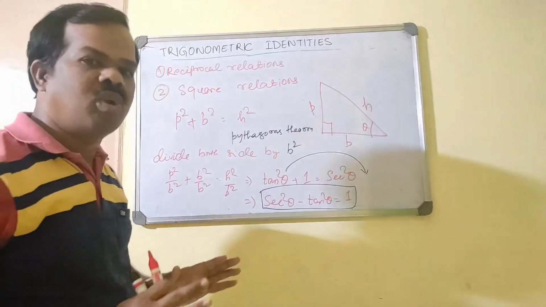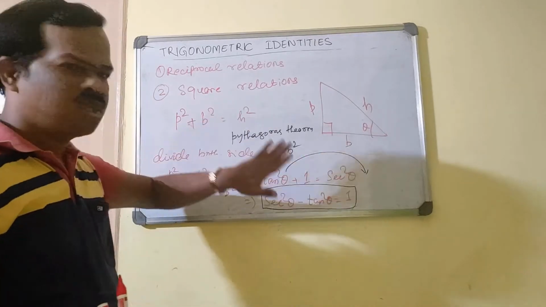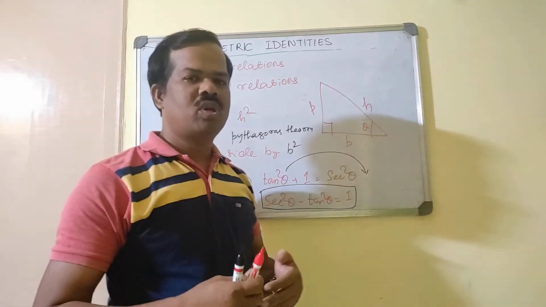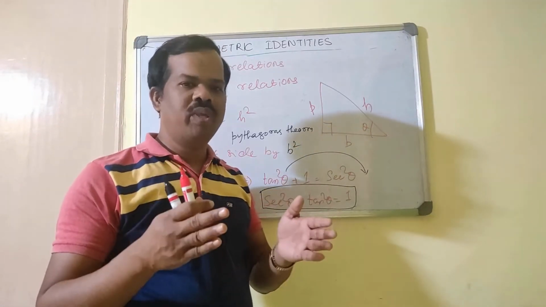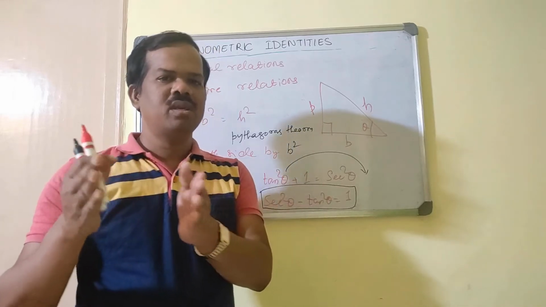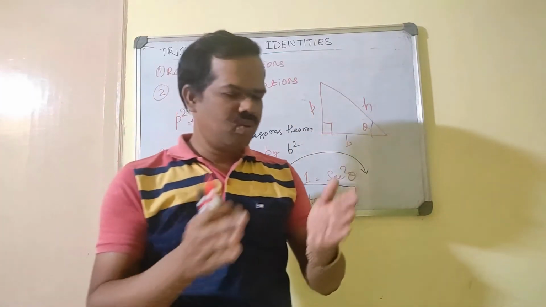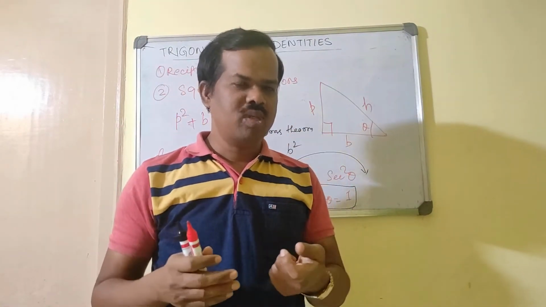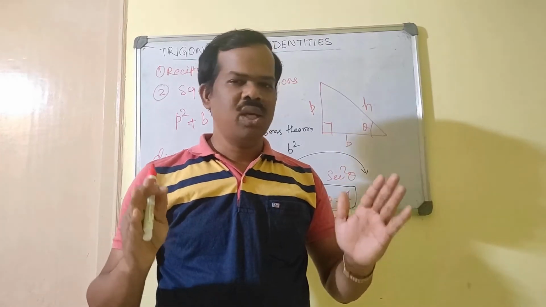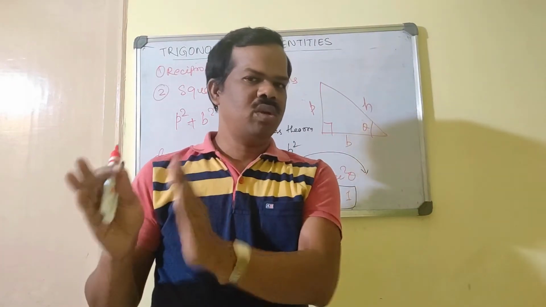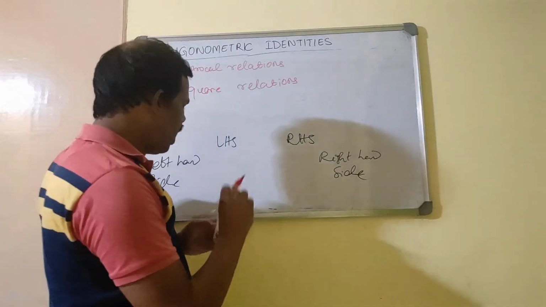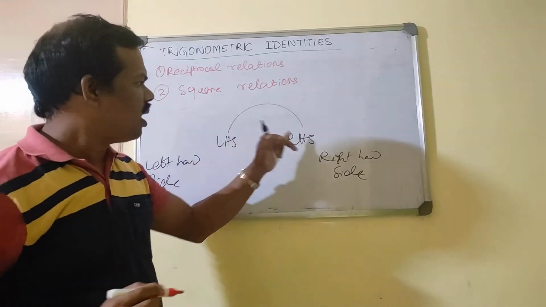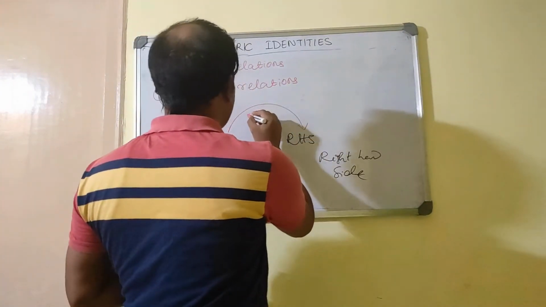So now hopefully you would have understood this type of trigonometric identities. Typically in exams you will be asked to prove that the equation is correct. You will be given one equation which will have a left hand side and a right hand side, and in between there will be an equal symbol, and you will be asked to prove that the left hand side is equal to the right hand side. So you have three options. One is you break down your left hand side and arrive at the right hand side, that is option 1.